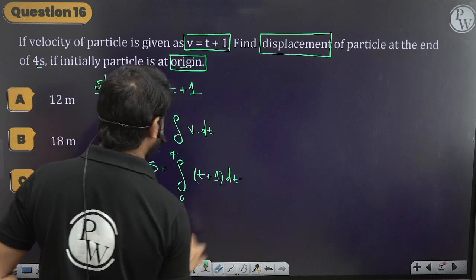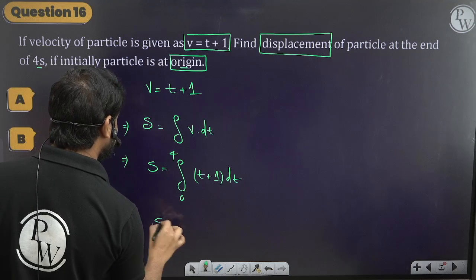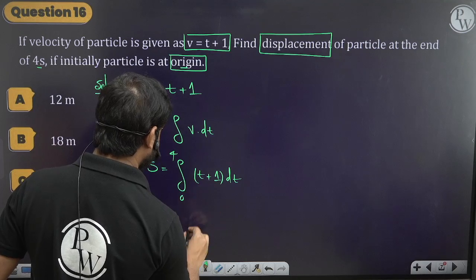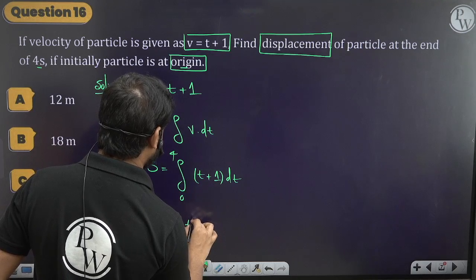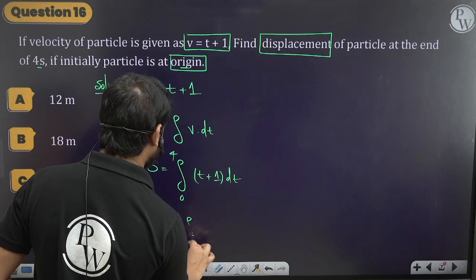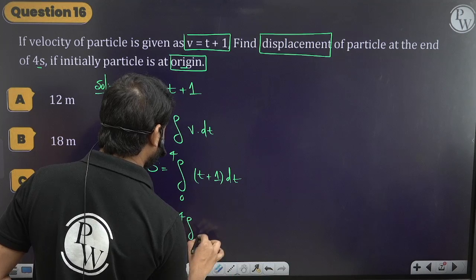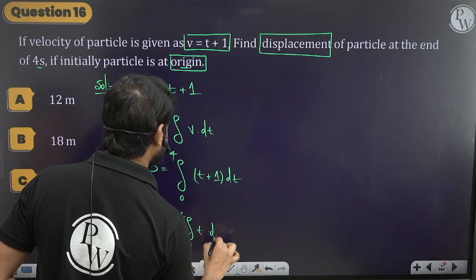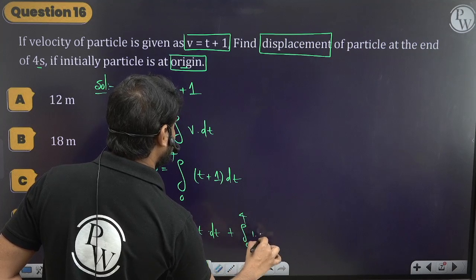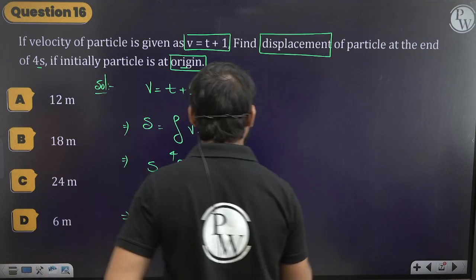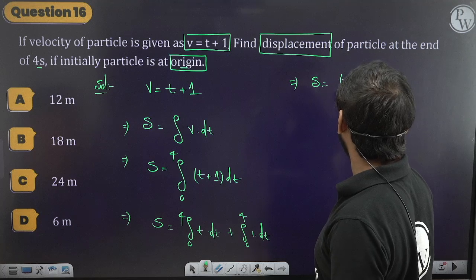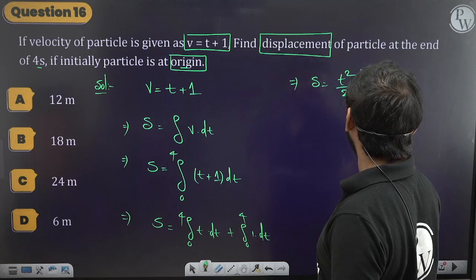Then integrate this one. If you need, you can write it individually: the integration from 0 to 4 of t dt plus the integration from 0 to 4 of 1 dt. Then the displacement is equal to t²/2 from where to where?